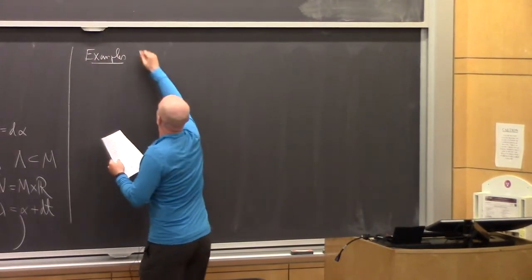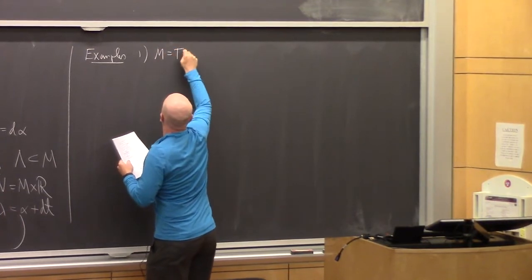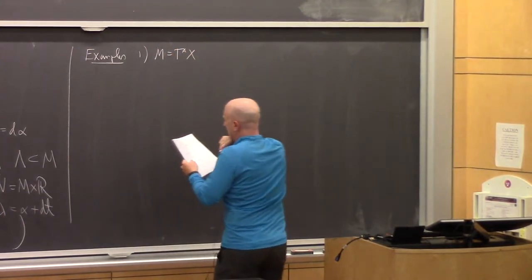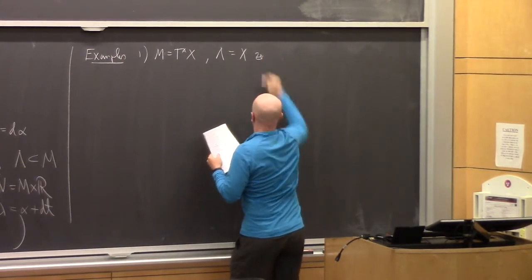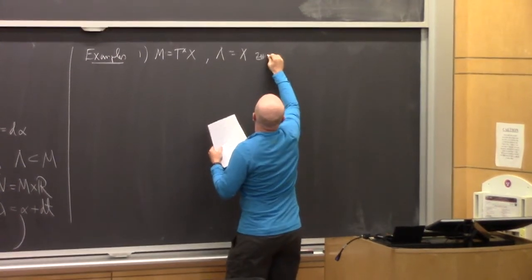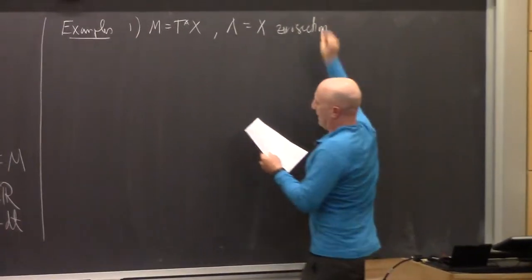Okay, so the first example is where N is the cotangent bundle of some base manifold X, and Lambda is the zero section. This is a useful example.